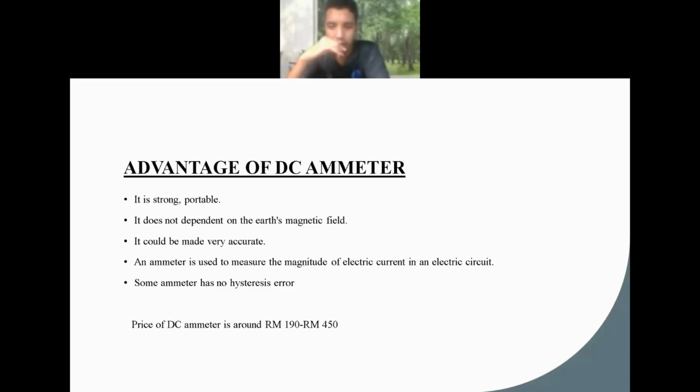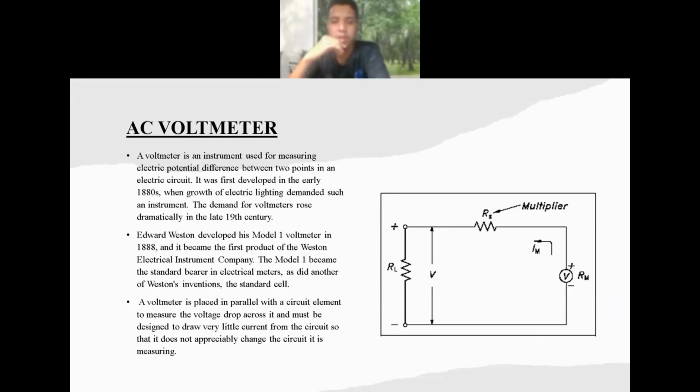AC voltmeter. A voltmeter is an instrument used for measuring electric potential difference between 2 points in an electric circuit. It was first developed in the early 1880s when the growth of electric lighting demanded such an instrument. The demand for voltmeters rose dramatically in the late 19th century.